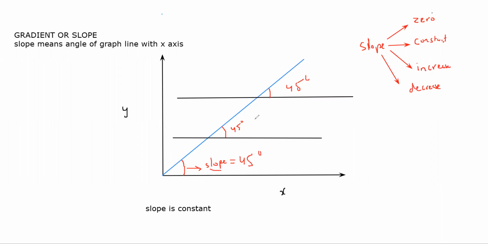So if the angle with x-axis is not changing at any point, what we call that the slope is constant or slope is not changing. So for a straight line graph, for a graph which the line is straight, exactly straight, the slope always remain constant or slope does not change. This is for a straight line graph. Take the screenshot.